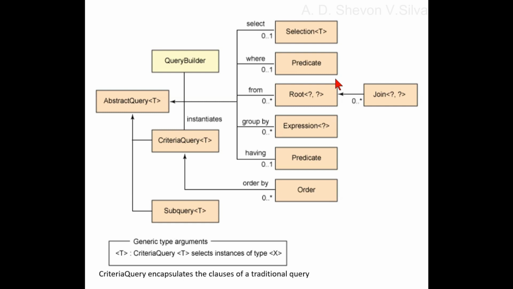Interface Predicate: the type of a simple or compound predicate, a conjunction of disjunctions of restrictions. A simple predicate is considered to be a conjunction with a single conjunct.